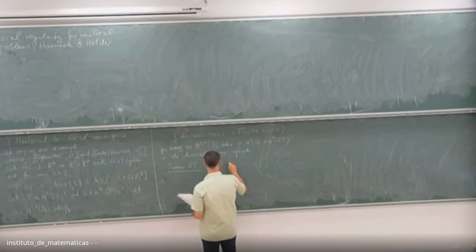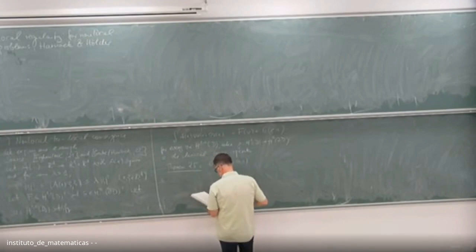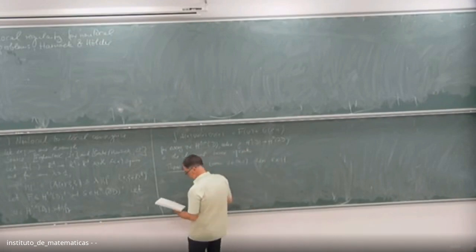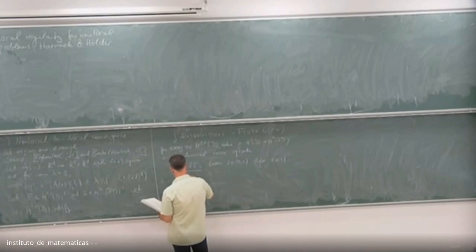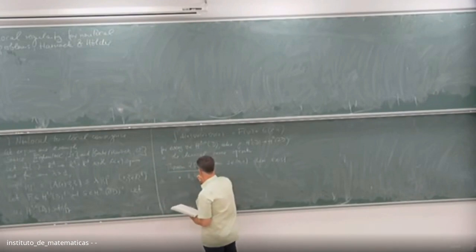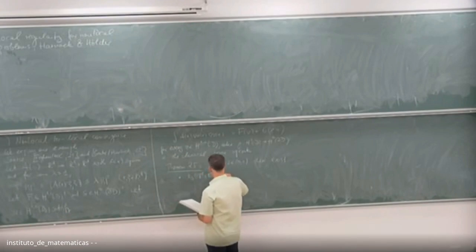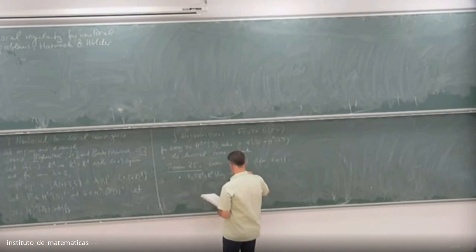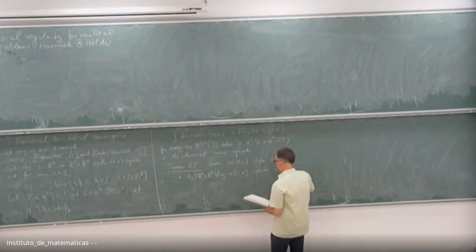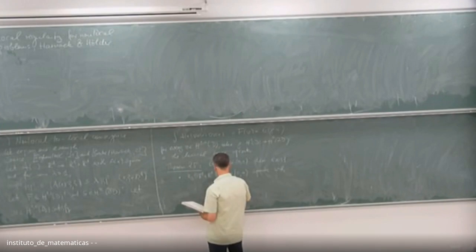Given s in (0,1), there exists K_s(x,y), or let's say K_s from R^d times R^d minus the diagonal, producing a non-negative number, which is symmetric with nice upper and lower bounds. And these are exactly the ones that you had seen before.